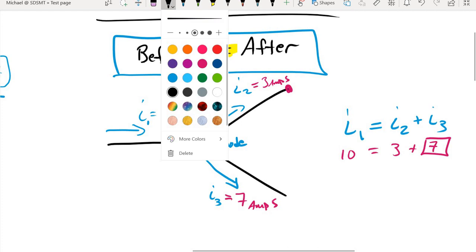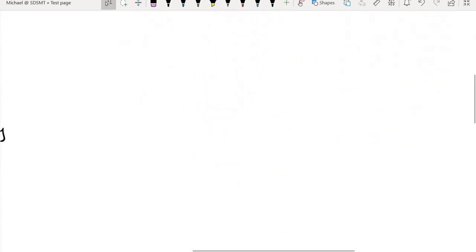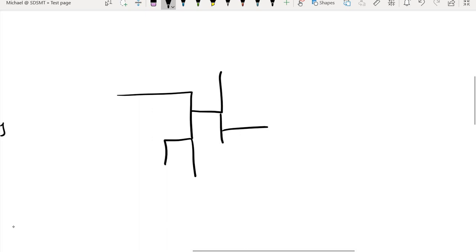Well, if that's too boring for you, we can always try a larger circuit where we have a bunch of different currents flowing in and out.